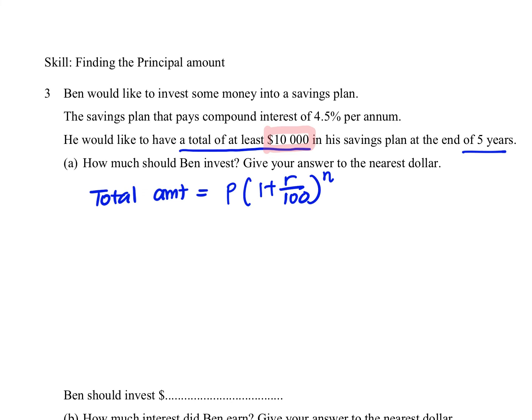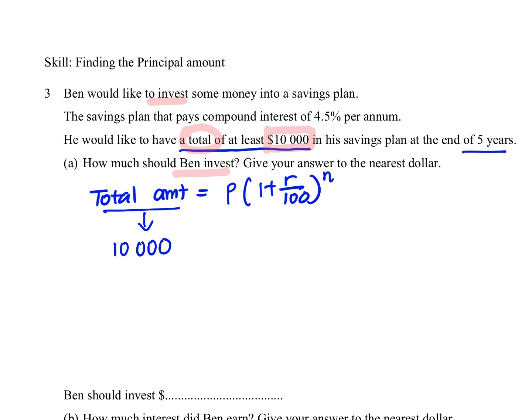But in the question, what did they ask for? The question says Ben would like to invest some money. So this is the amount of money we do not know. This is the amount of money that we should begin with, and at the end of it, this is the total sum. So this number here should actually become the total amount of $10,000.